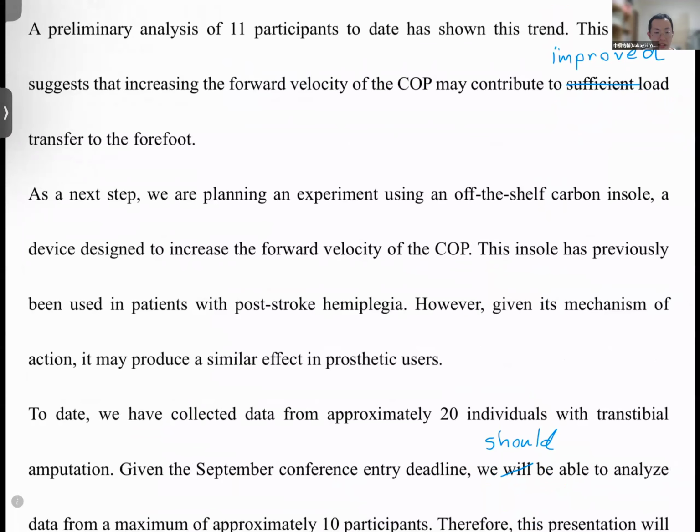A preliminary analysis of 11 participants to date has shown this trend. This finding suggests that increasing the forward velocity of the COP may contribute to improved load transfer to the forefoot.